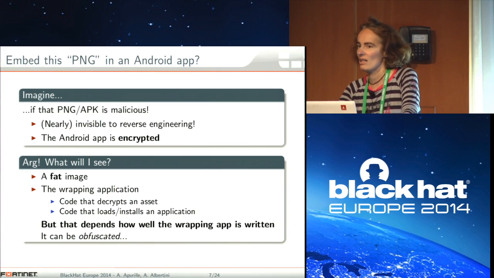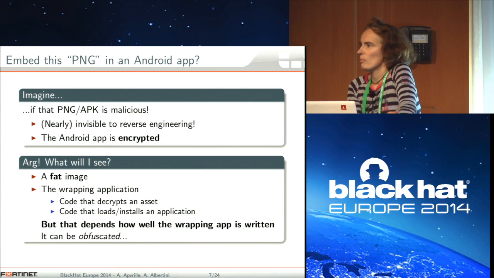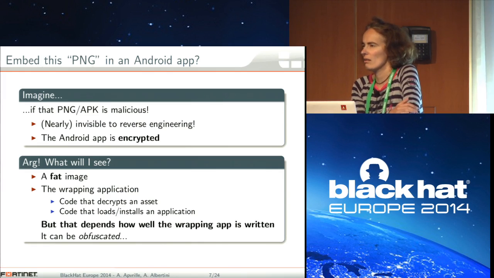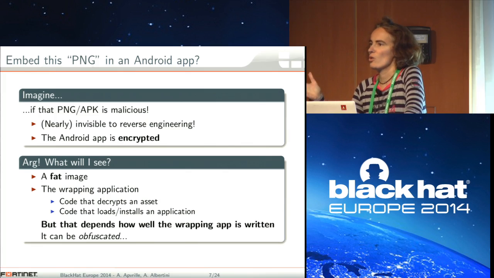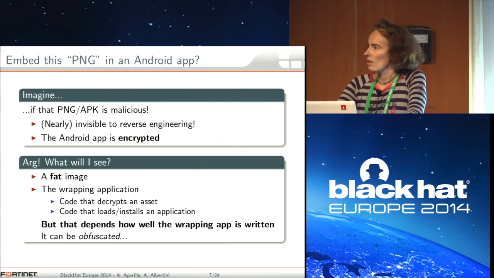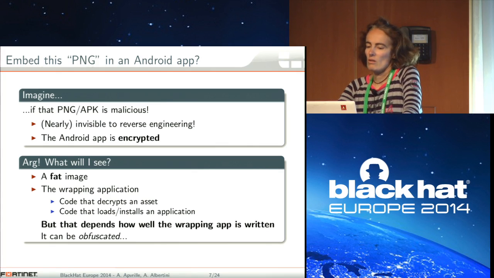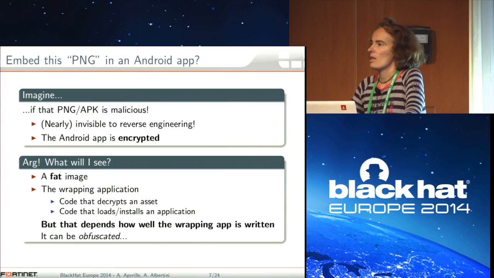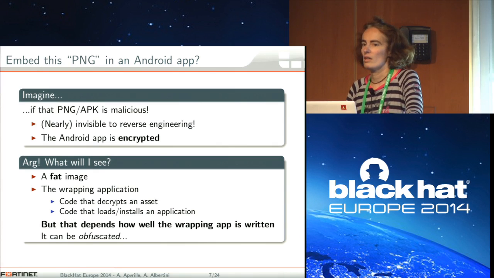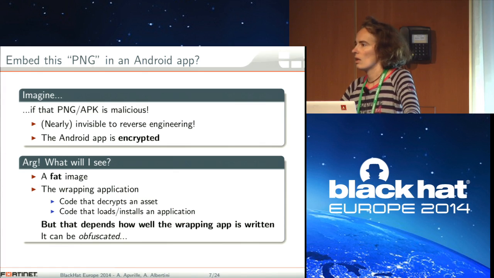The only thing that you do see is that the image of Anakin I showed at the beginning is a little bit fat. It's 300 by 300 pixels, and it's like 500K, so that's a little bit unusual. The other thing you'll probably see is the code that is transforming that PNG image one way or another, to decrypt it and install the new payload application.